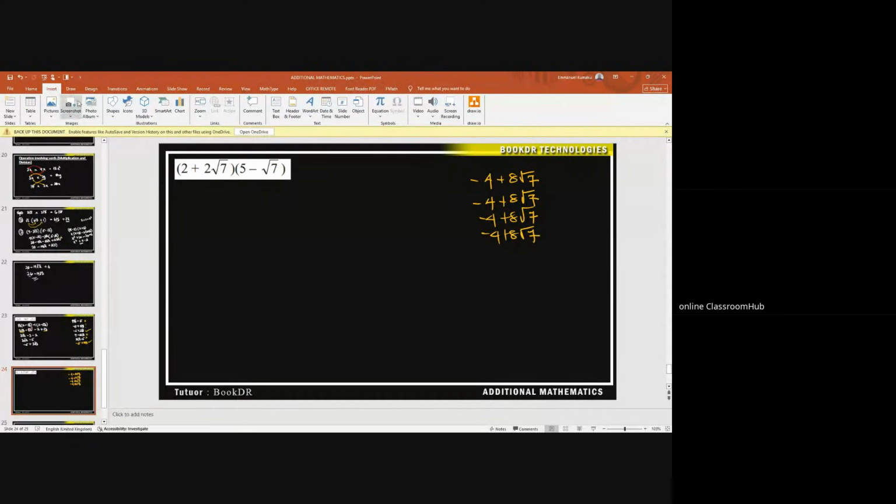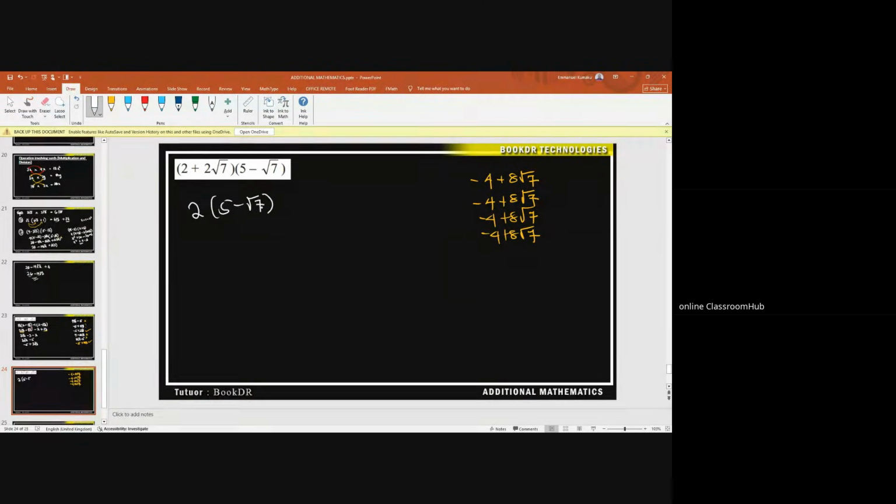Okay, so let's all solve it and see whether it is indeed true. So 2 will multiply 5 minus √7. Then plus 2√7 will also multiply 5 minus √7. Good. Then we'll multiply these two numbers. That'll give us 10. Then multiplying the 2 by the √7 will give us minus 2√7.